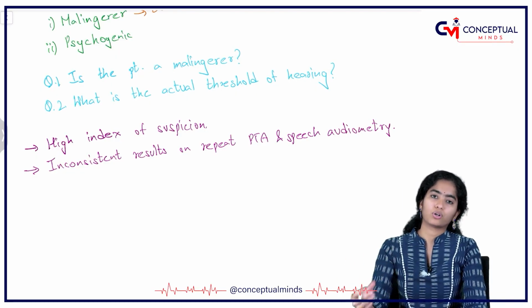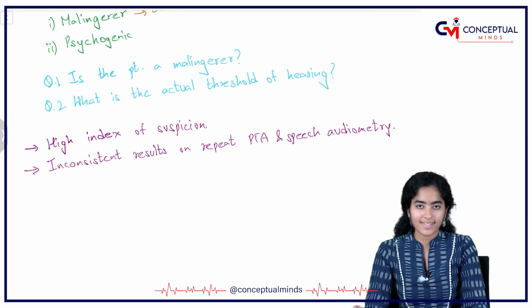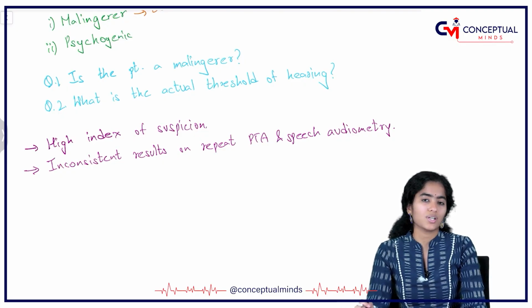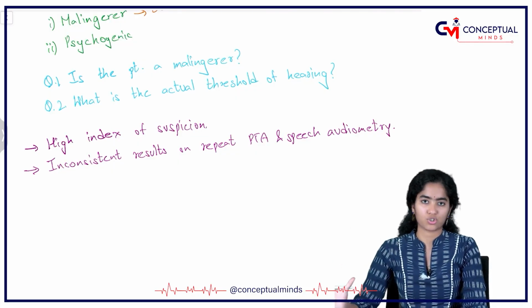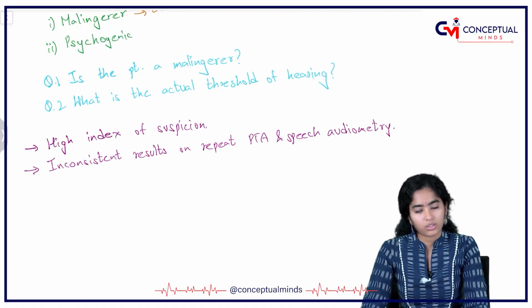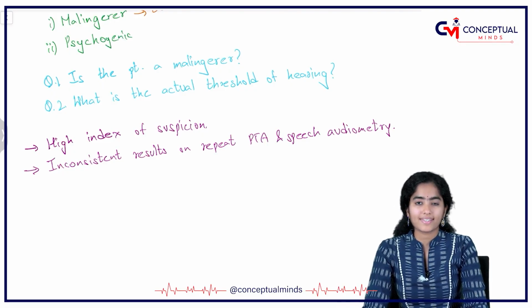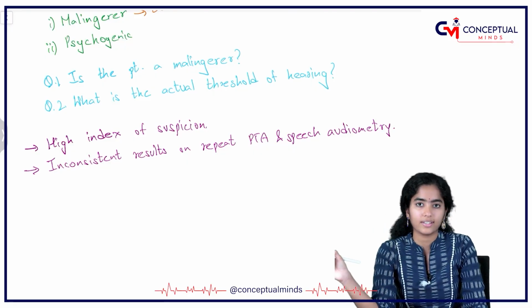When you are performing pure tone audiometry, he is actually able to hear, but after some point he decides that I have to show hearing loss from this point onwards. So he says, I cannot hear, I cannot hear, I cannot hear, and you plot the same thing on the chart. And 2 days later, say he goes to another doctor or he comes to you and you perform a repeat test. He does not remember exactly from which point he decided to appear deaf.